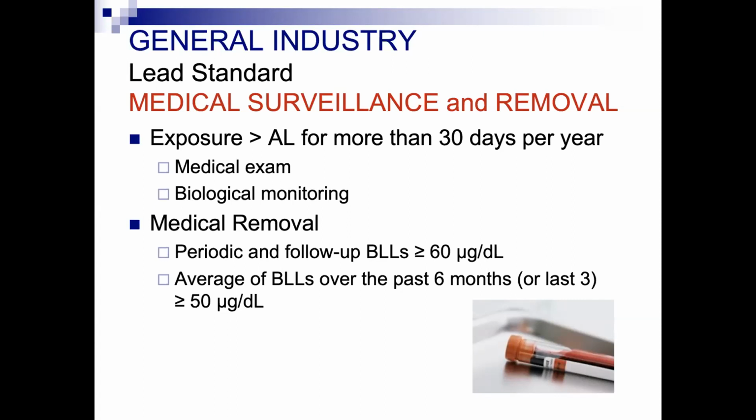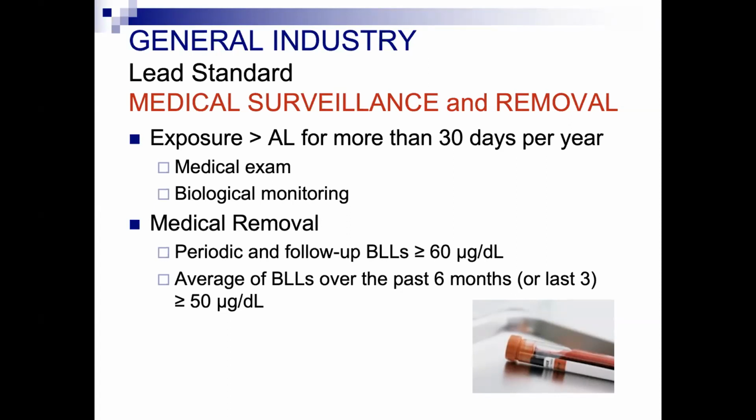You should also remember the chart I had that went over all the different health effects in adults that really start at 5 micrograms. But this is what the OSHA standards still say. And OSHA, I'm happy to say, is currently in the process of revisiting these medical levels and blood lead levels and medical removal levels.